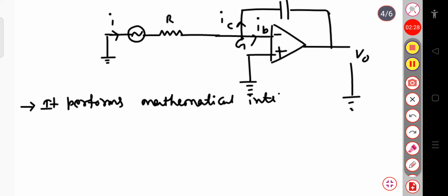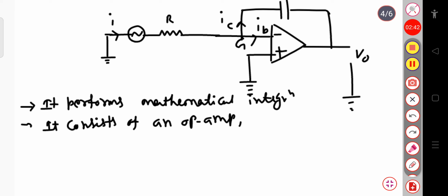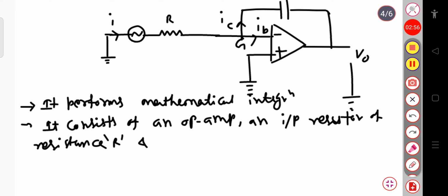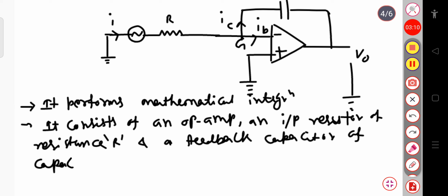It consists of an op-amp, an input resistor of resistance R, and a feedback capacitor of capacitance C. So these are the basic components of the operational amplifier when it will be used as an integrator.